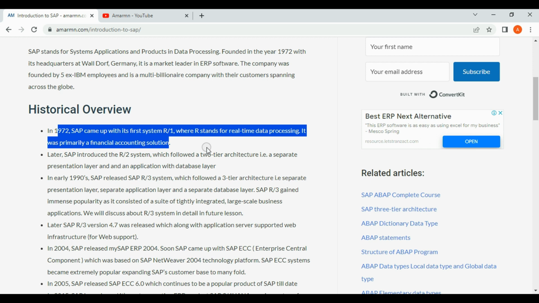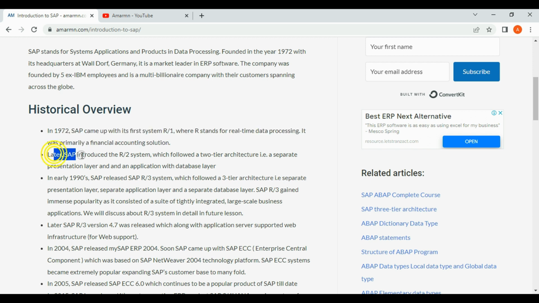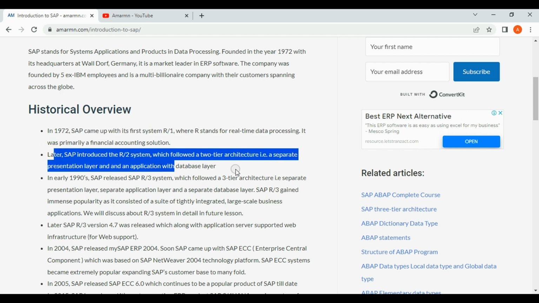Then, somewhere in the 80s, SAP released their second ERP product, known as SAP R2, which is based on a two-tier architecture. What is a single-tier architecture? What is a two-tier architecture? What is a three-tier architecture? We will cover this in our future lessons.